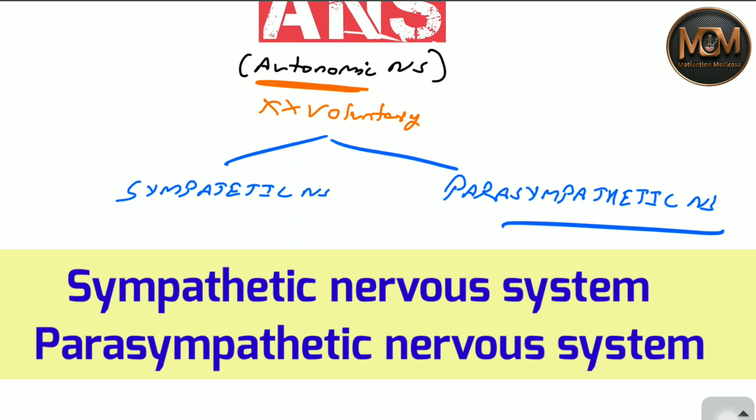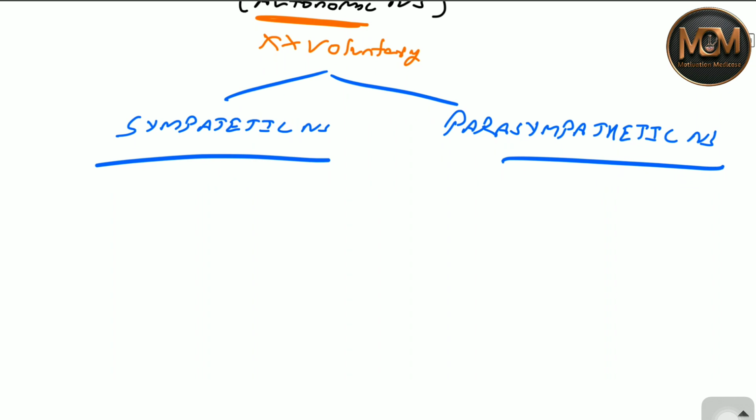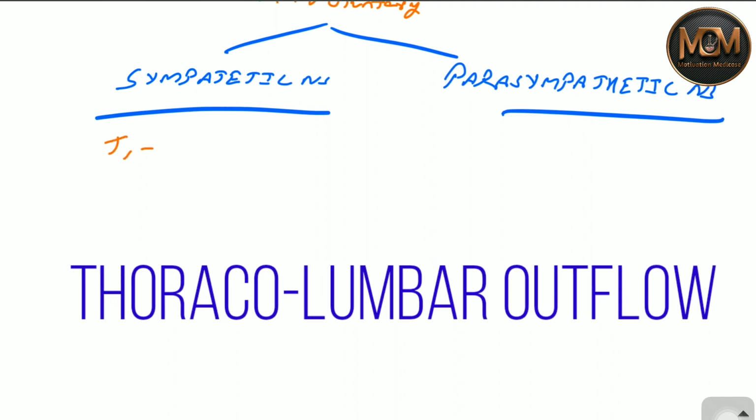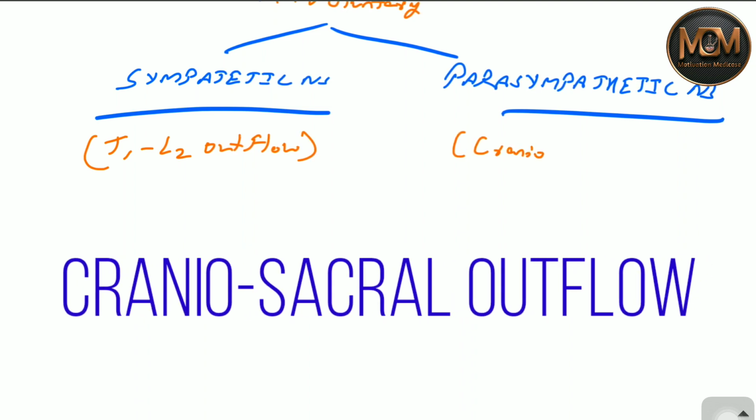If we see on the basis of anatomy, the sympathetic system is the thoracolumbar outflow, while the parasympathetic is the craniosacral outflow.